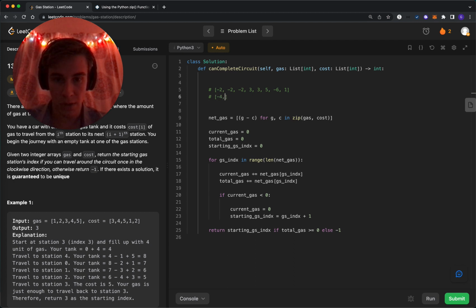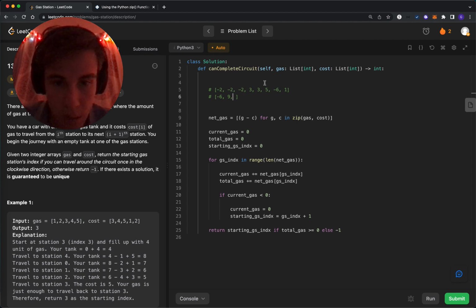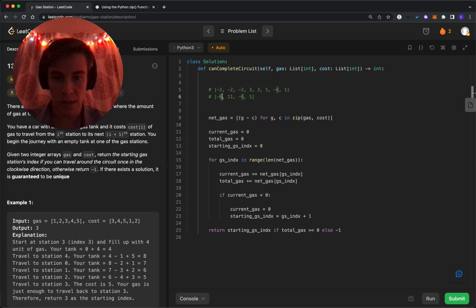It's going to be -6, some of these two. Then another runway of 6, actually of 9, of 11. Then another -6 and 1. I'm going to test first this runway.